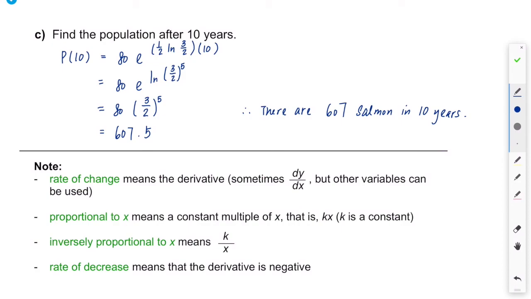Therefore, we can write it as k times x. k is pretty generally used as a proportionality constant. So if something is inversely proportional to x, then it would be k over x, right? Because you're going the inverse way. And then the rate of decrease will imply that your rate is decreasing, so you can assume that you get a negative derivative, okay?